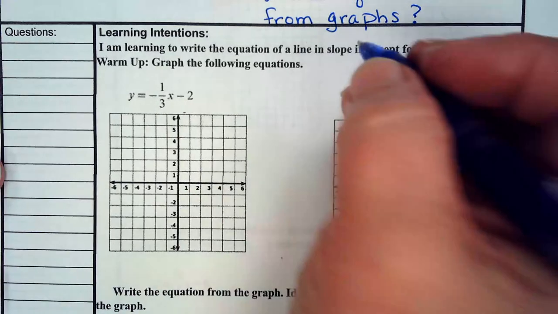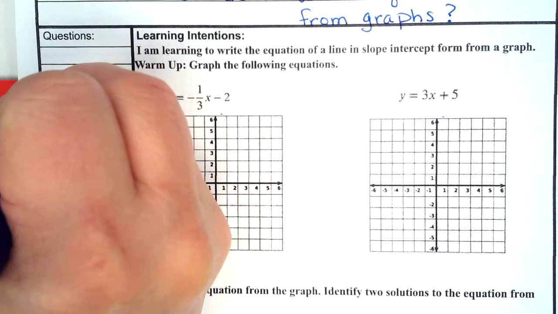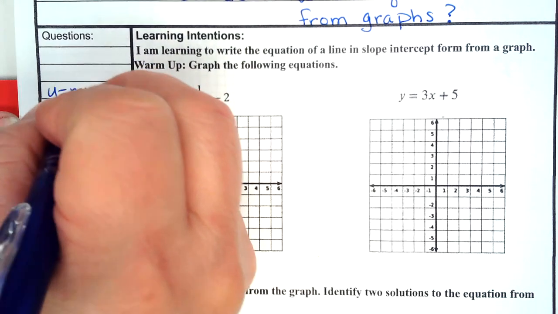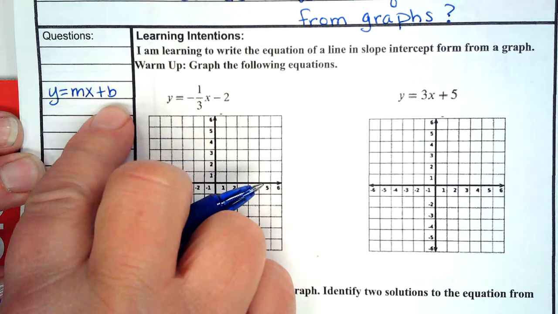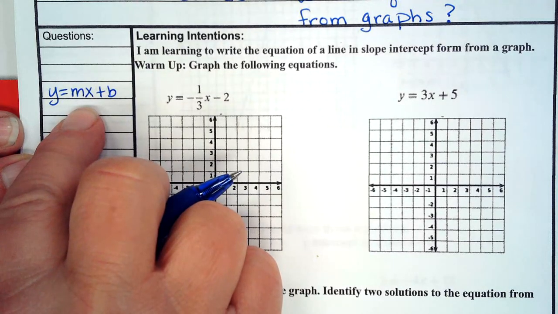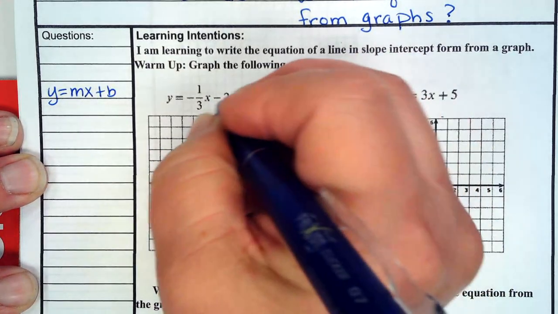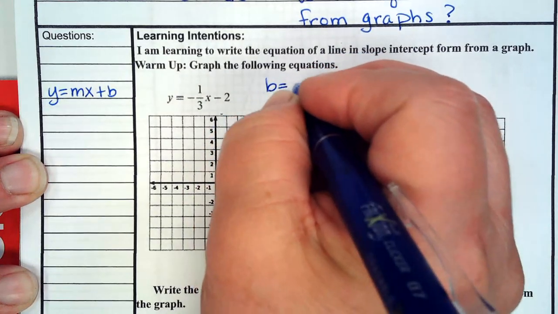Okay, let's remember we're in the form of y equals mx plus b. B is where you begin, m is how you move. So on this one, I begin at -2.